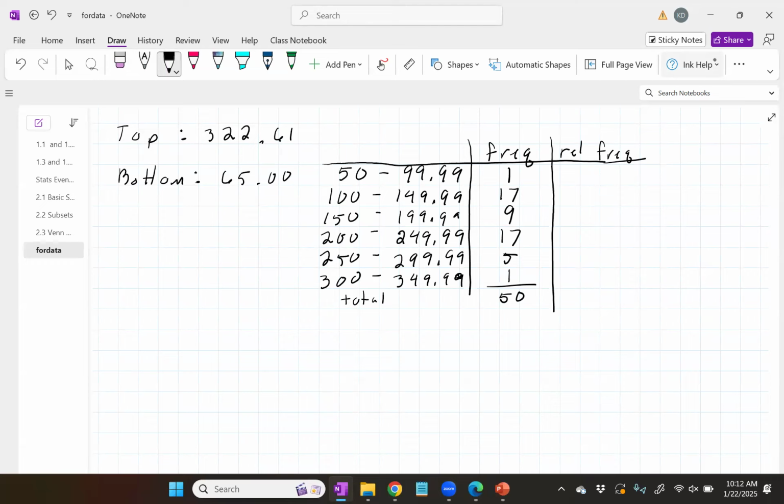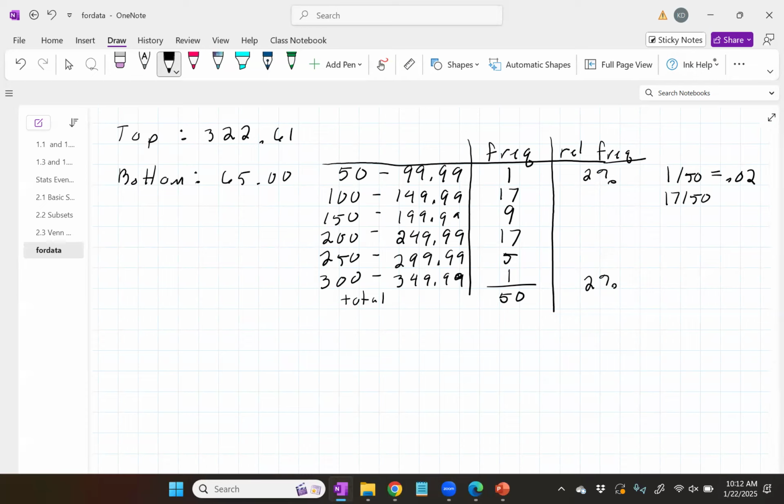So 1 divided by 50. 1 over 50 equals 0.02. And I want to turn that into a percent. So I just say 2%. And I know this one is also going to give me 2%. Next category, 17 divided by 50.